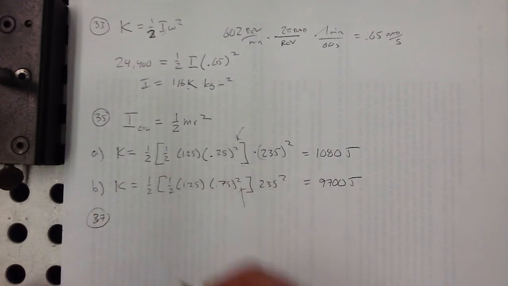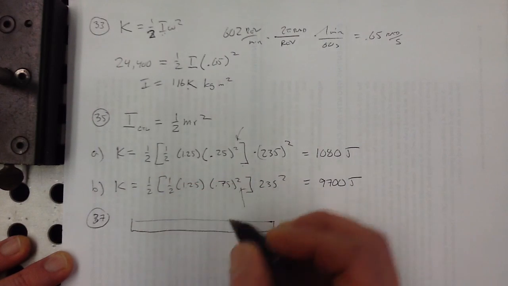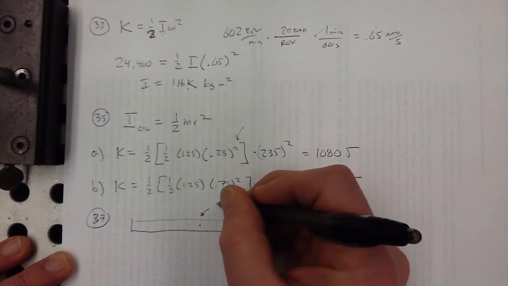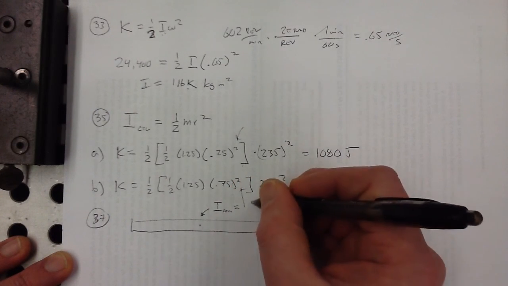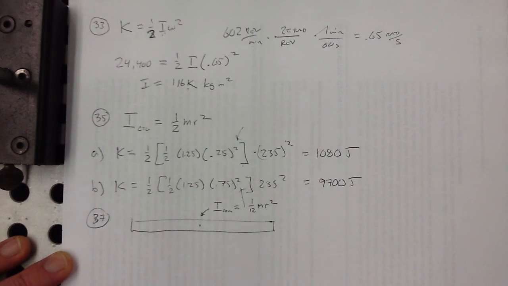37. Calculate the rotational inertia of a meter stick with a mass of 0.56 kilograms around an axis perpendicular to the stick and located at the 20 centimeter mark. So here's the center. I know that the moment of inertia about the center of mass for a thin rod is 1/12 mr squared, right?